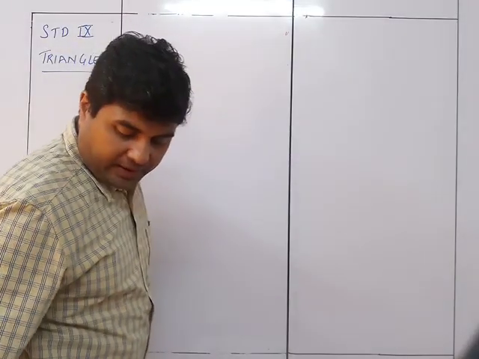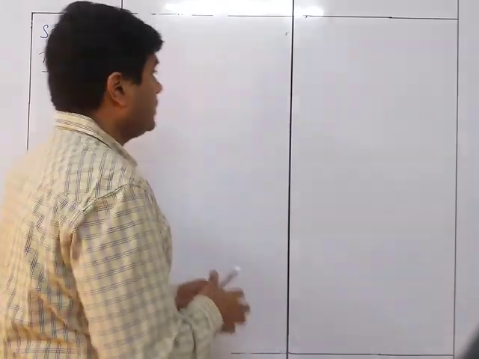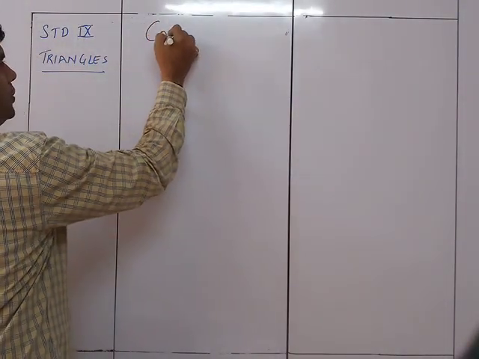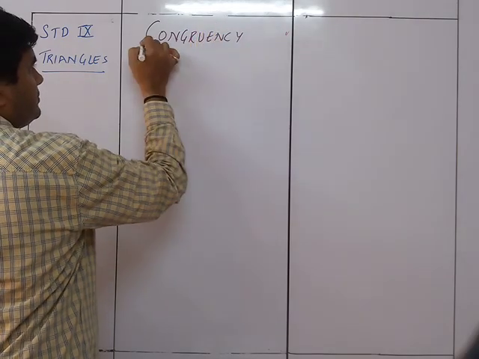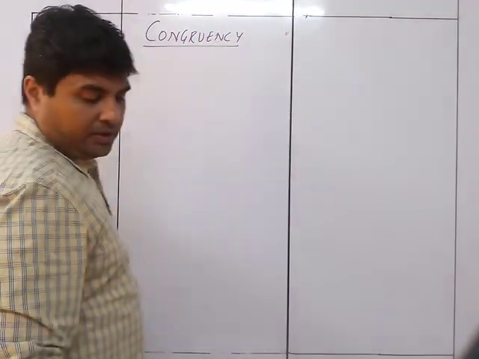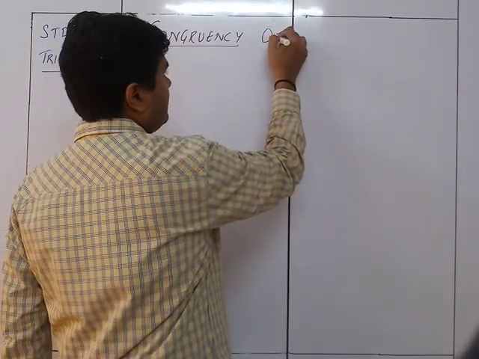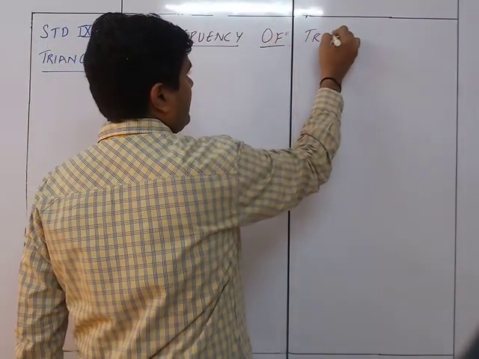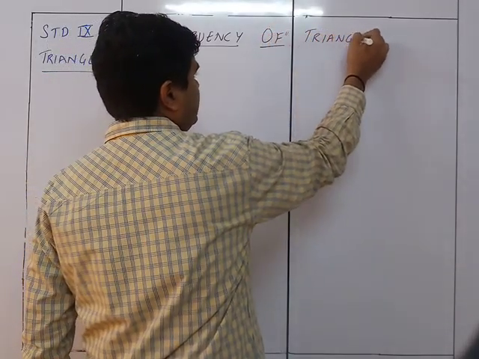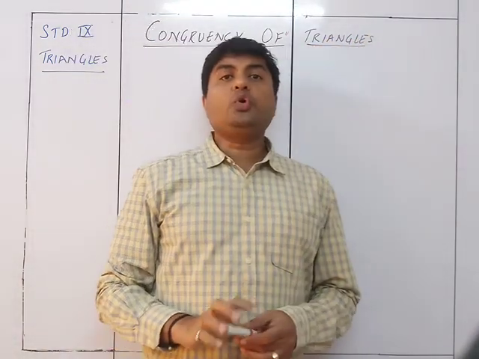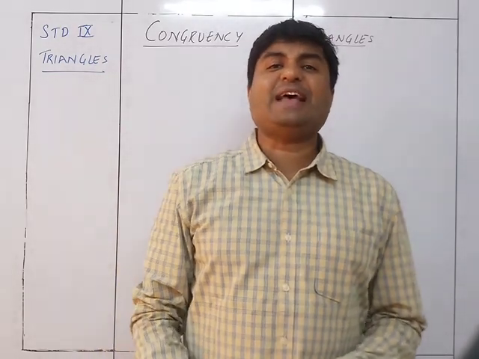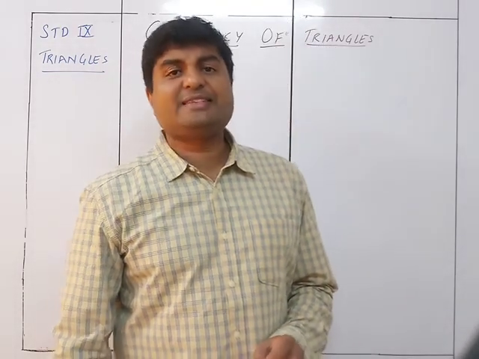So now what we have is called congruency. Congruency of triangles. What do you mean by congruency? If two triangles are exactly identical, exactly the same.